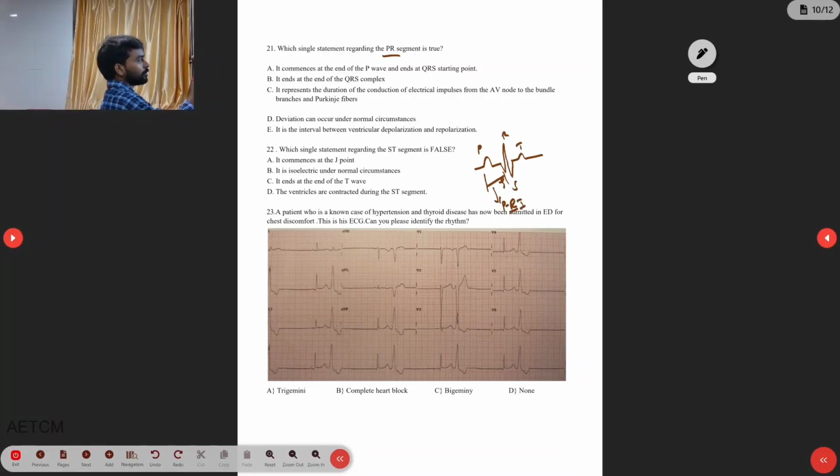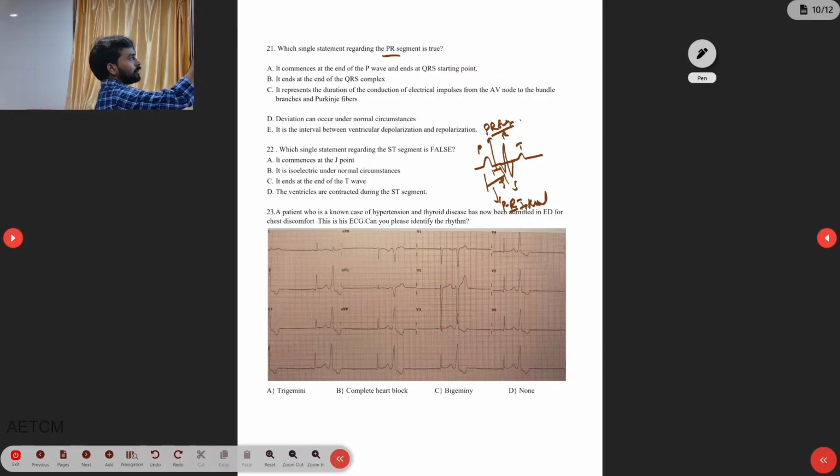The PR segment is this region only: from the end of the P wave to the start of the QRS complex. This is the PR segment, and usually it should be in an isoelectric line with the ST segment.